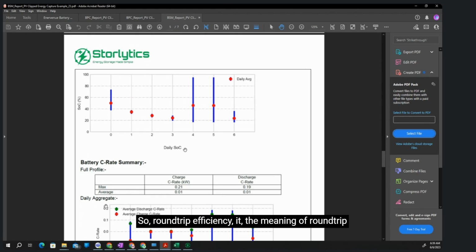The meaning of round trip efficiency refers to the efficiency of a round trip. If you charged 100 and were able to get out 75, then 75 divided by 100 is 75%, for example.